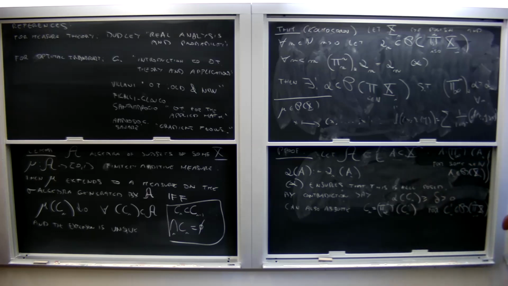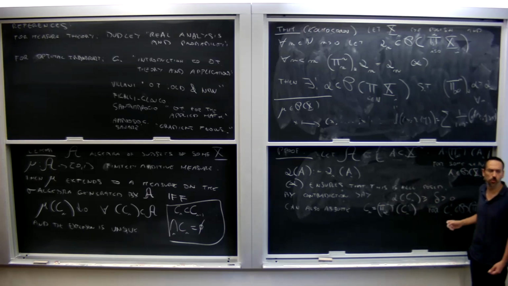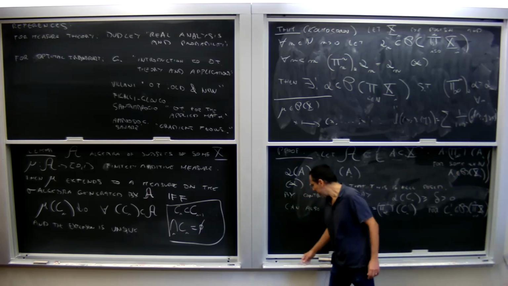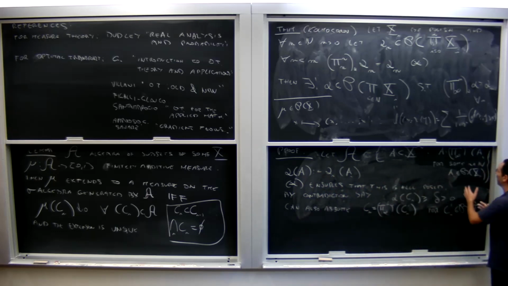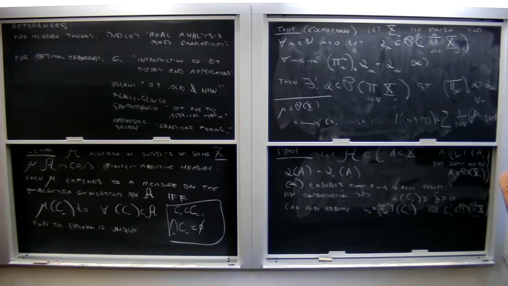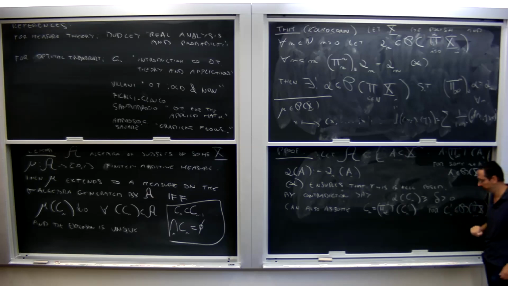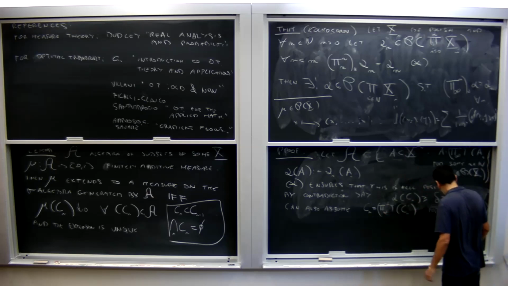Just so I have this a priori decreasing sequence of this form. I can always reduce to this case because C_1 is the preimage of some cylinder over the product of the first few factors. Let me call that product X_1 prime. And then C_2 is another cylinder, so up to adding some other factor, let me call it X_2 prime, I can always, for simplicity, reduce to this case, just to not get crazy with indices.